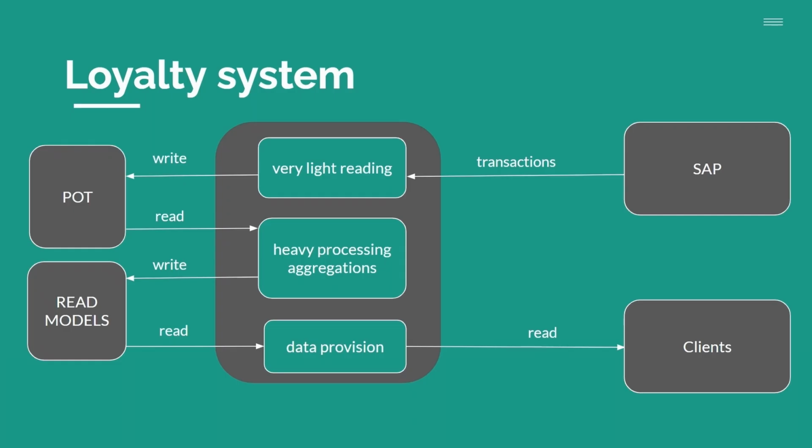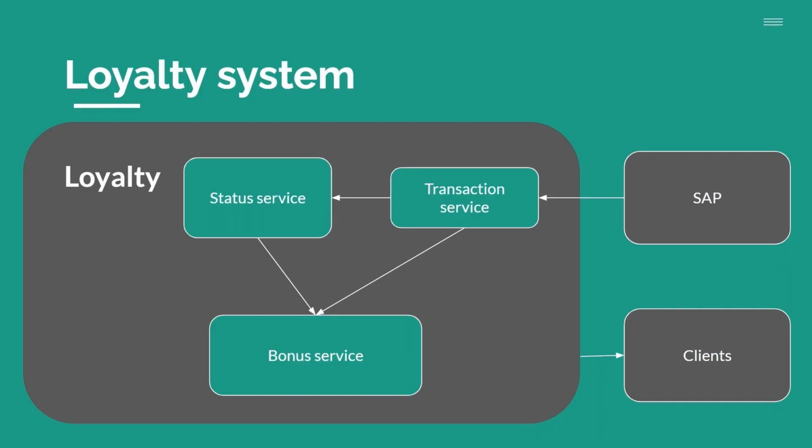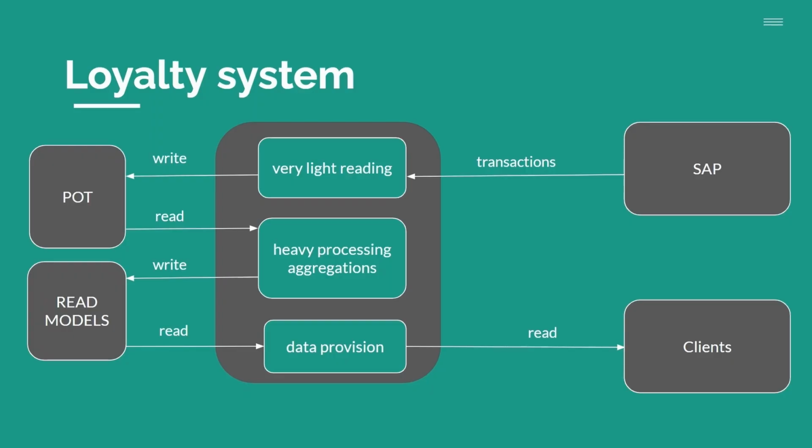So what we actually did is that this applies for every service that I showed you before. So status service, transaction service, bonus service, they all have similar architecture on their own, and that's what they looked like.